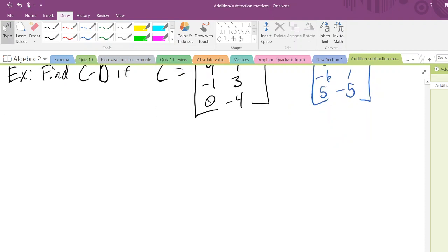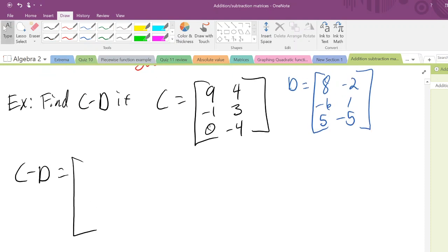Alright, so all I have to do is do it again. So C minus D is equal to 9 minus 8, right?